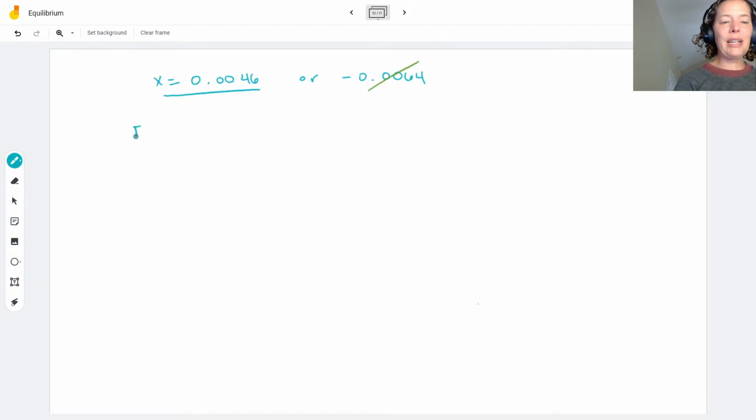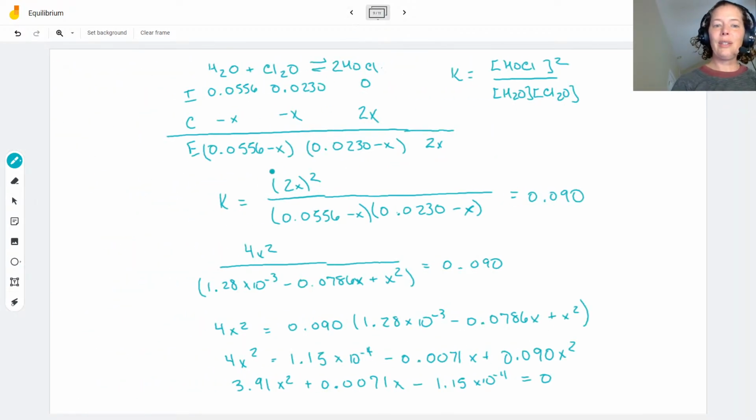So let's go back and let's calculate these equilibrium concentrations. But I need to go back to my RICE table and see what these are, right? Okay, so here is my expression for my concentration of water. Here is my expression for Cl2O, and here is my expression for HOCl.